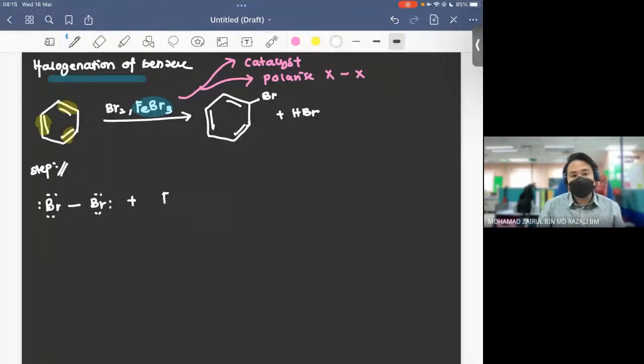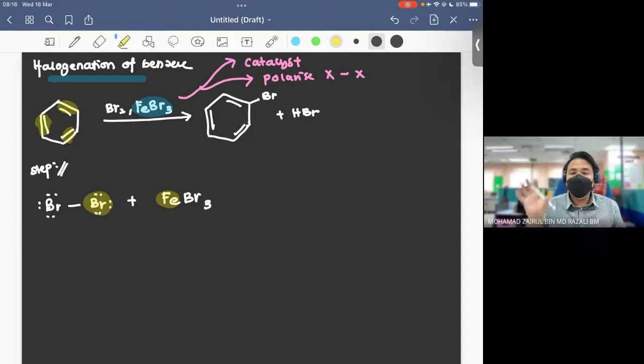So, what will happen is, in order for the Lewis acid tu to polarize the halogen molecule tu, dia akan form bond dengan halogen to form a complex structure yang kita panggil. Okay, so for this case, dia akan berlaku antara Br dengan FeBr3 ni, ataupun dia akan berlaku dengan Fe.